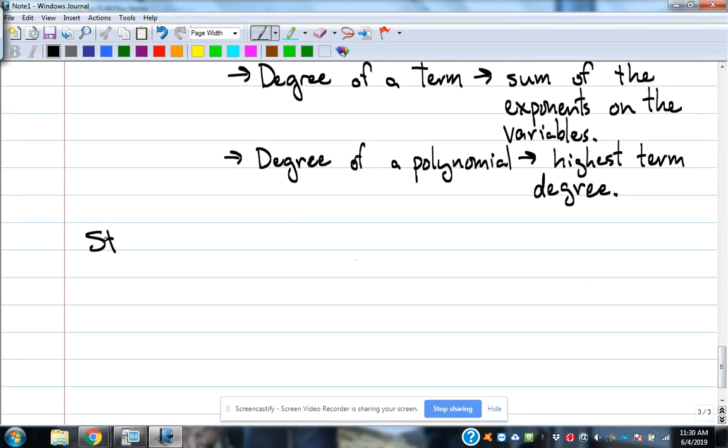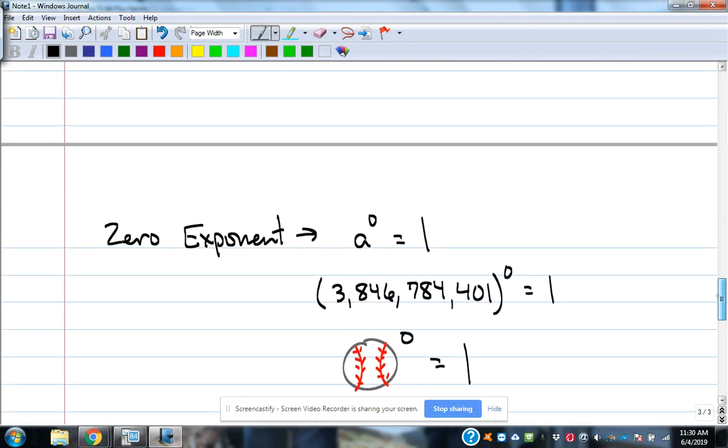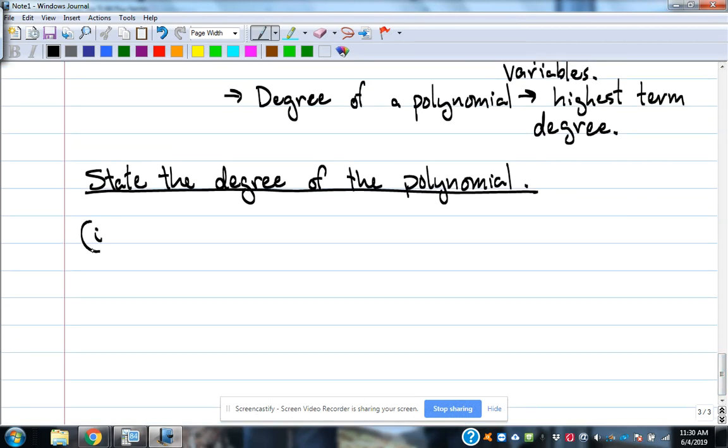So the instructions are: state the degree of the polynomial. Example one.